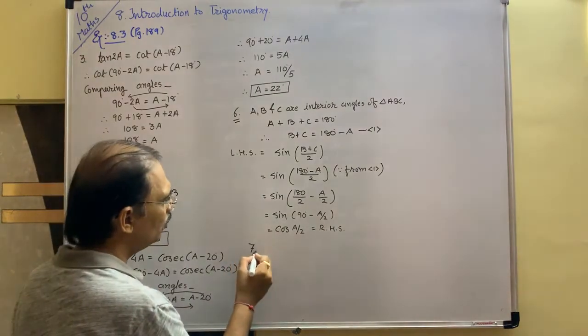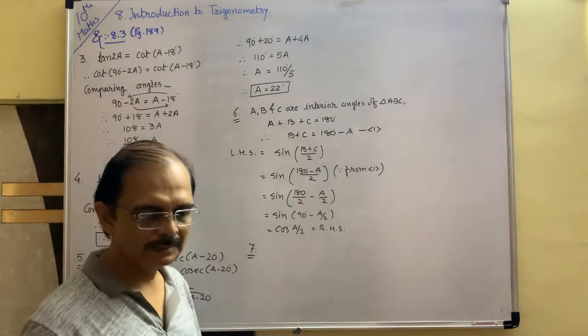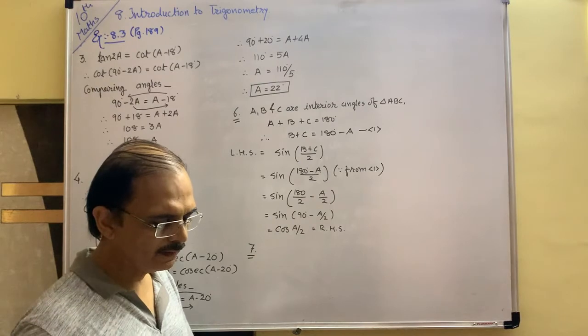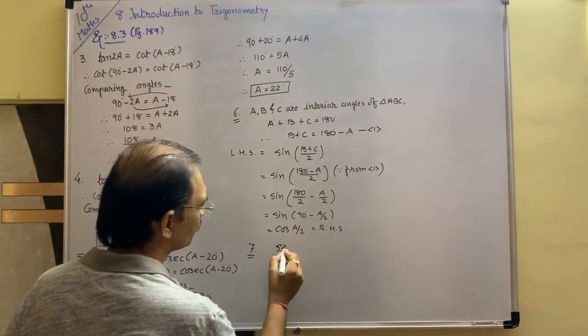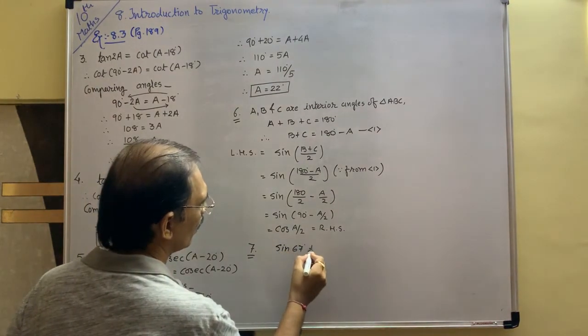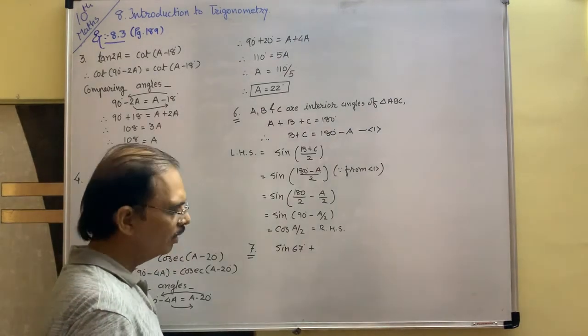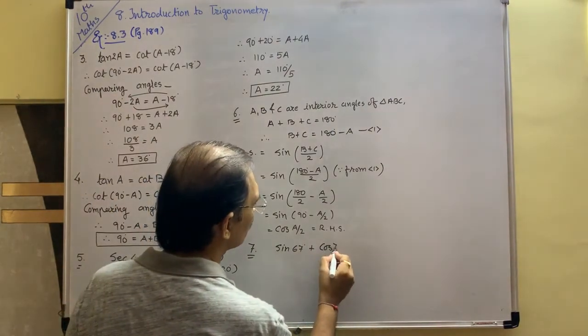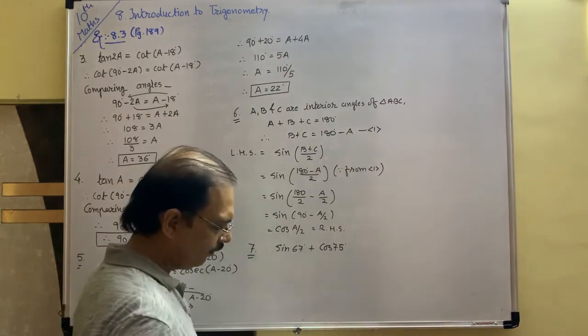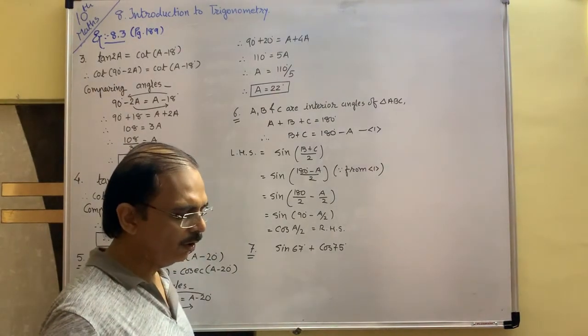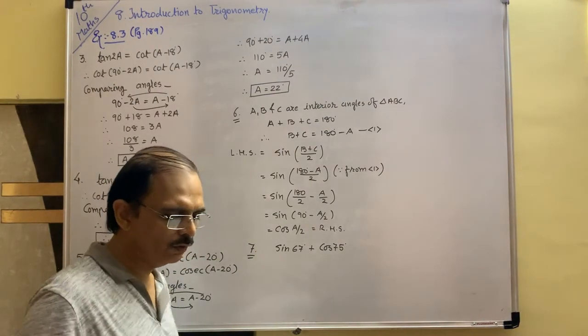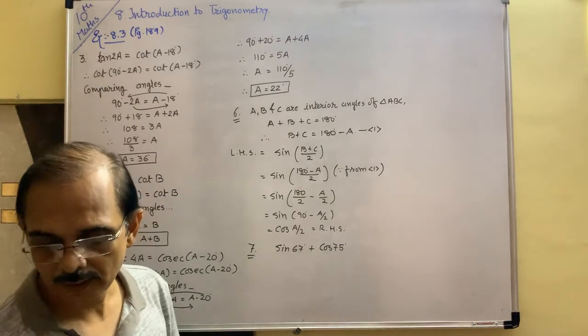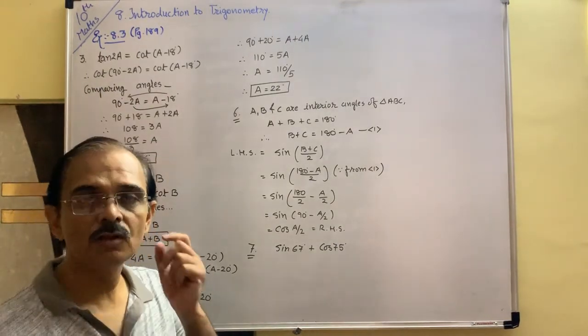7th number is not important, it will not be asked in the exam. Express sin 67 plus cos 75 in terms of trigonometric ratios of angles between 0 and 45. It means convert these angles to between 0 and 45.